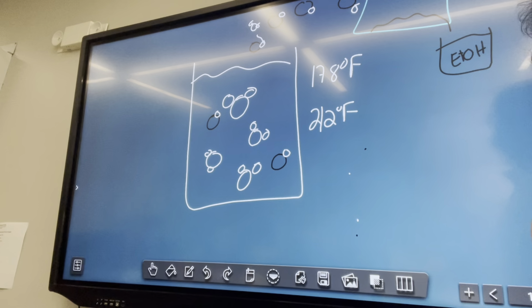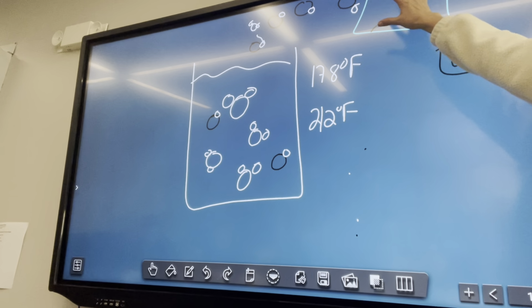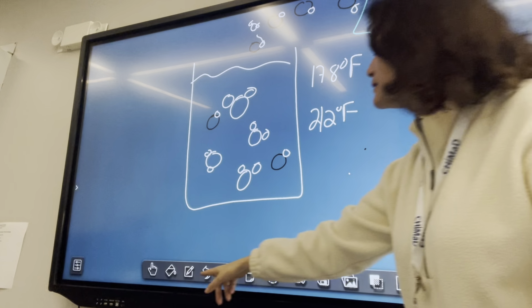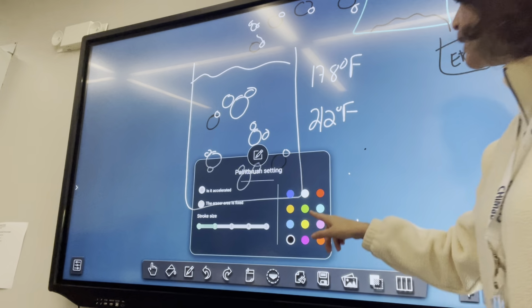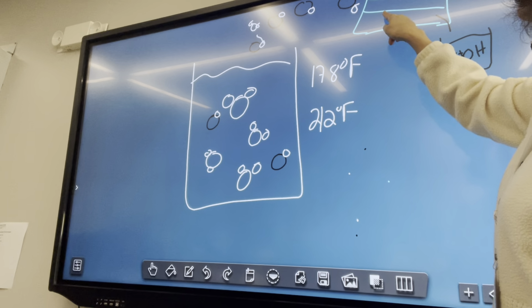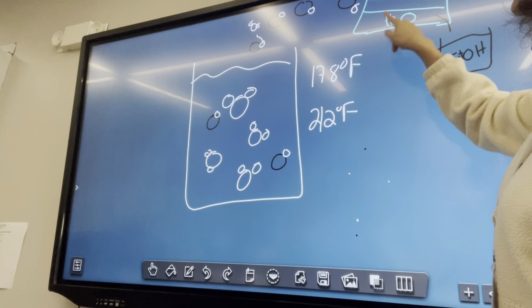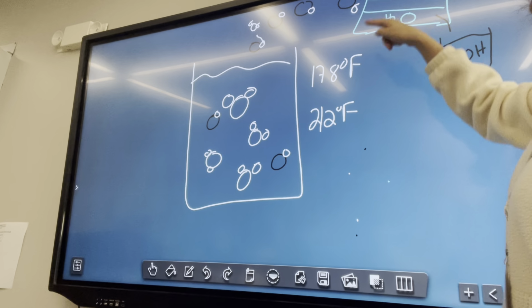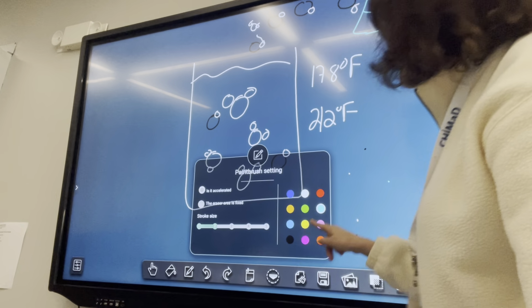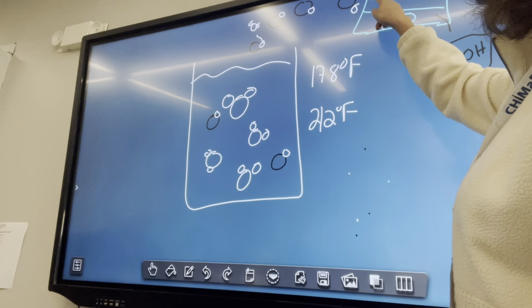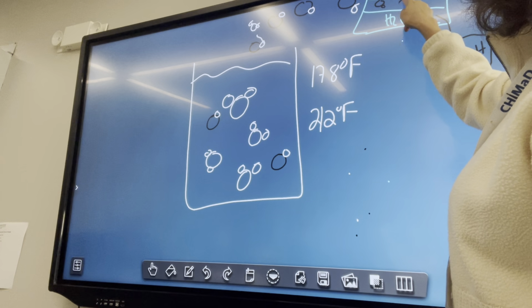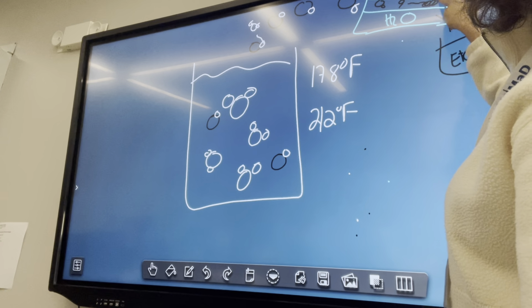And what is that blue box? You put something that is called a condenser. Basically, you have a tube, and you have cold water over here, and then you run your ethanol water gas through here, and by the time it comes out, it's a liquid.